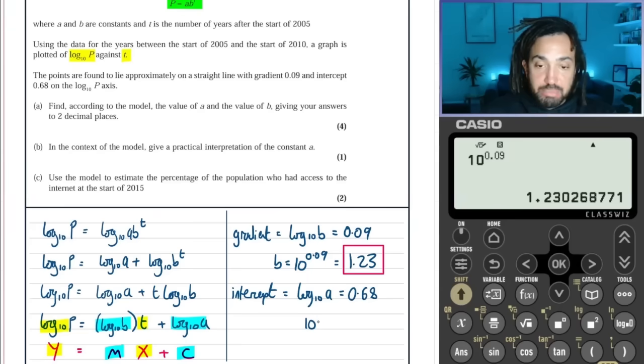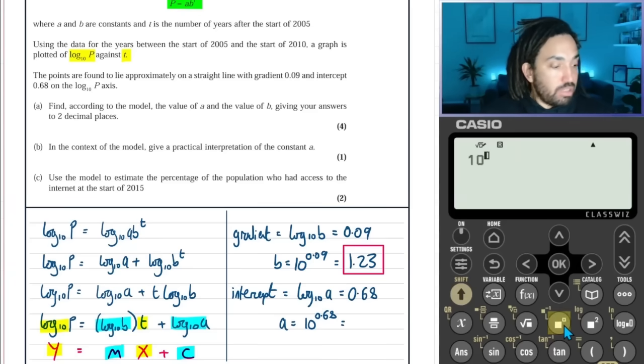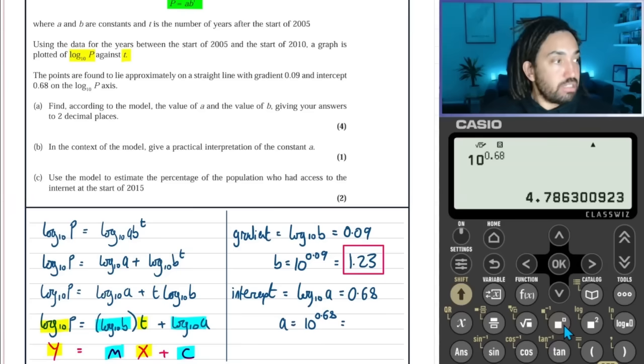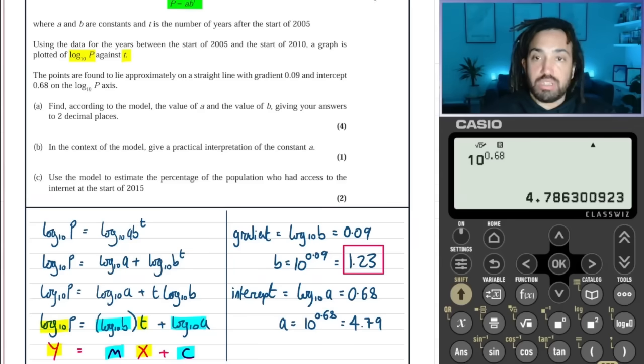So writing this as a power equation, we can say that 10 to the power of 0.68 is equal to A, and then we can put that into our calculator, 0.68, and we get 4.79. And that will also be one of our final answers.